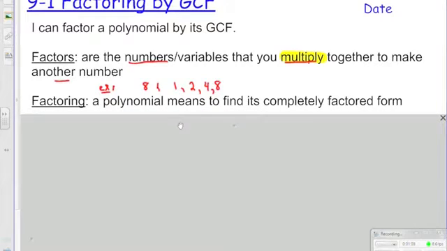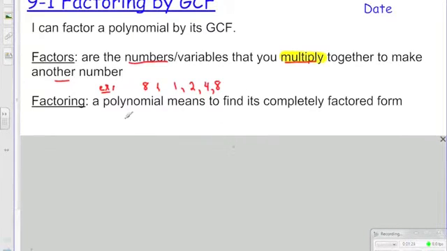Now, when we factor a polynomial, we find its completely factored form. So that means we find all the factors that go into it and break it back down. For our purposes today, factoring is going to be the reverse of distributing.